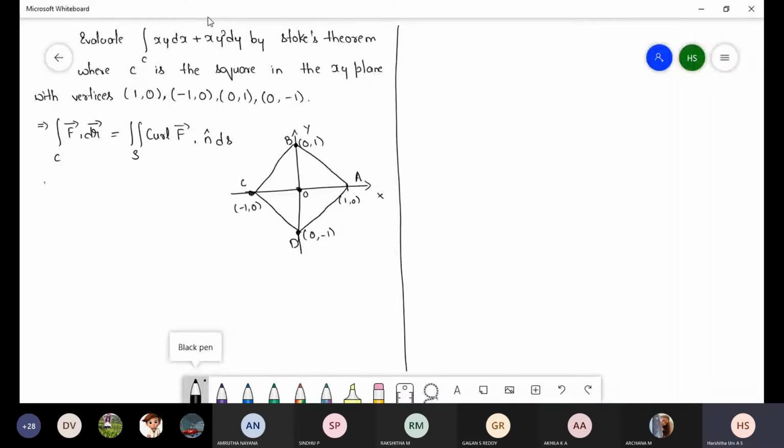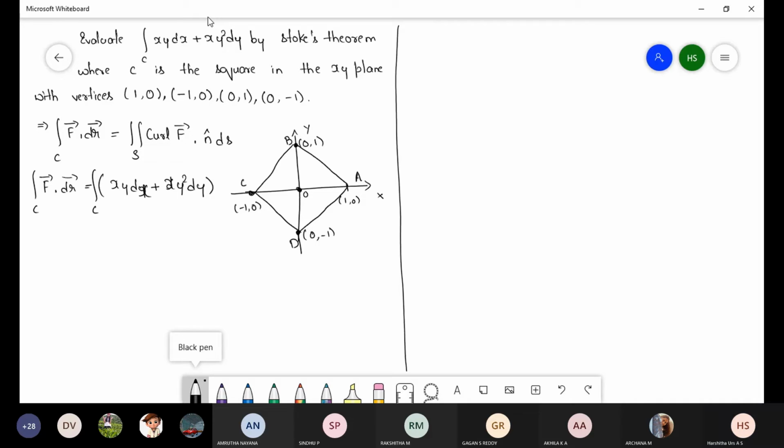Now our vector f dot vector dr is, so already they have given directly xy into dx plus xy square into dy. So apply the integral over the curve C on both sides.